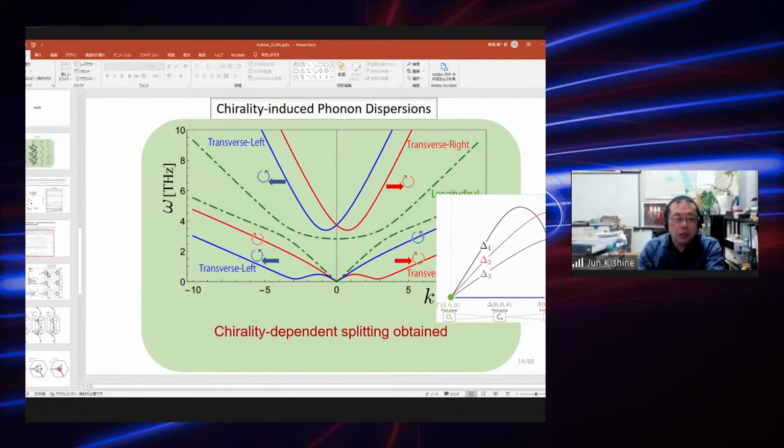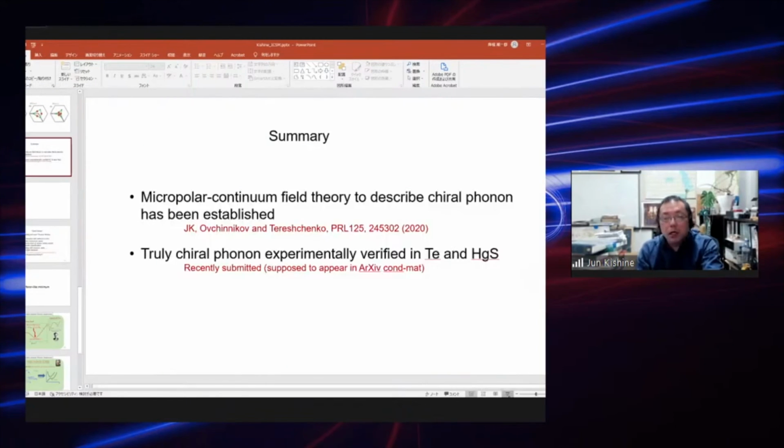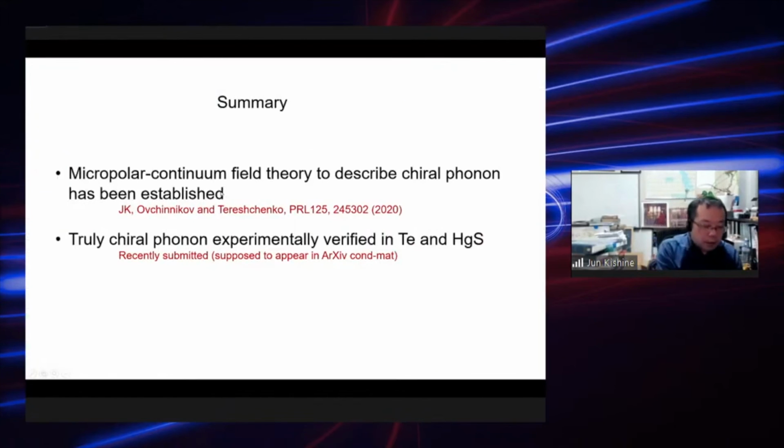So I summarize my talk. We have established the micropolar continuum field theory to describe chiral phonons. Based on this continuum field theory, we can describe phonon modes in a given crystal.